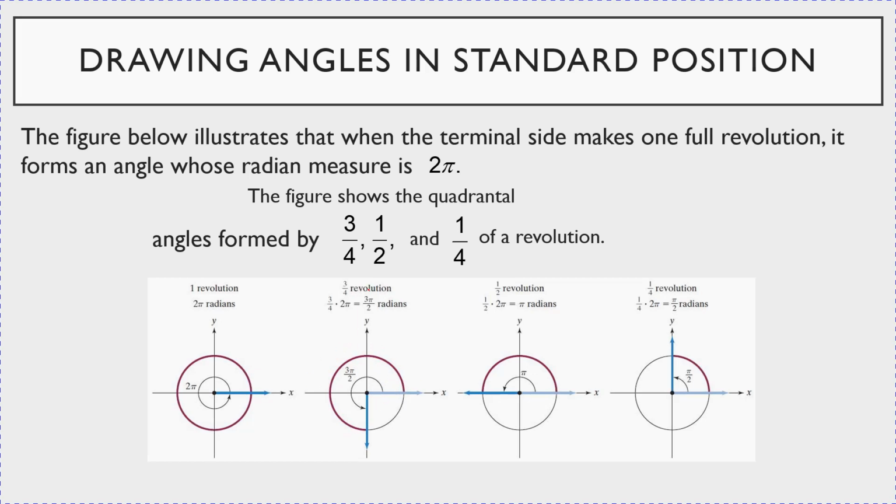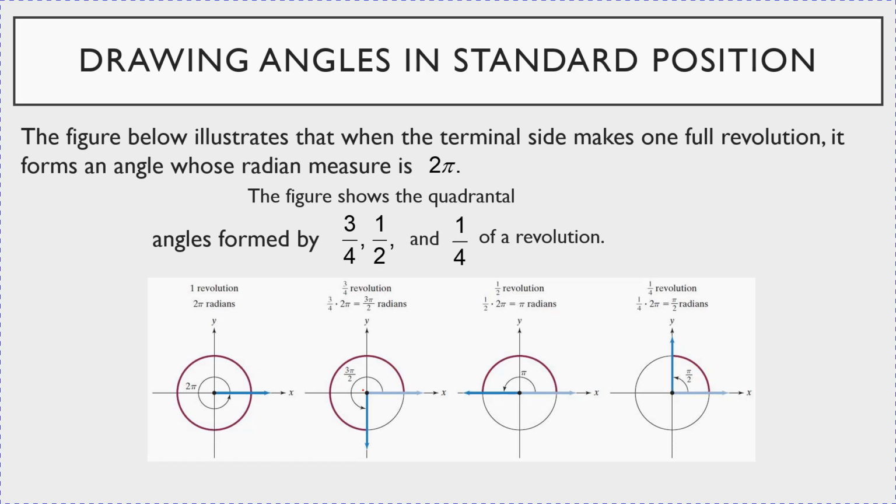The way you measure that is 3 pi over 2 radians. A half rotation, like this, is a 180 degree angle, which we said was pi radians. And this one right here, a quarter revolution, is just pi over 2 radians. So a 90 degree angle is the same thing as pi over 2 radians.